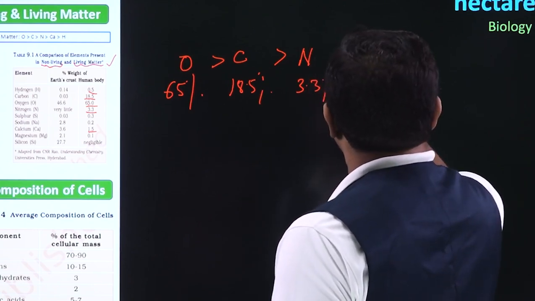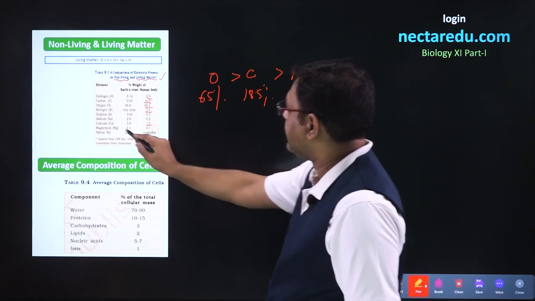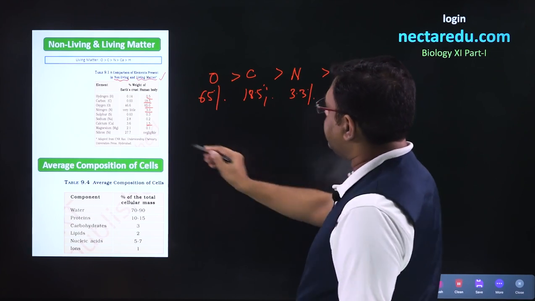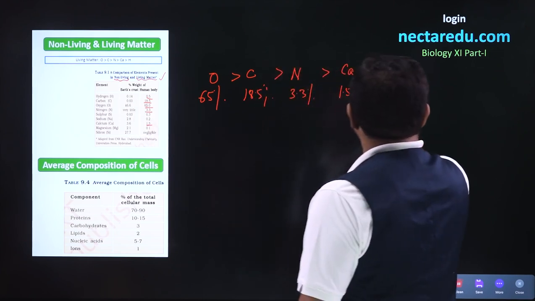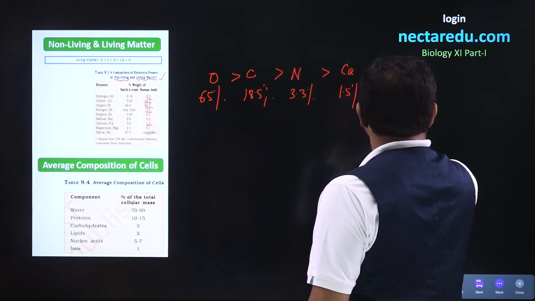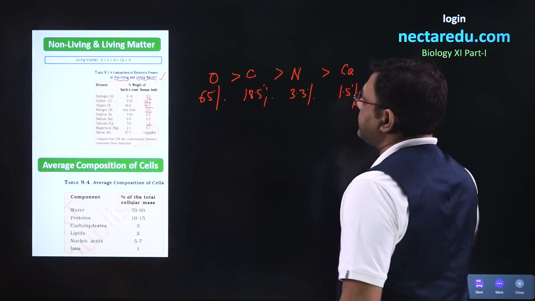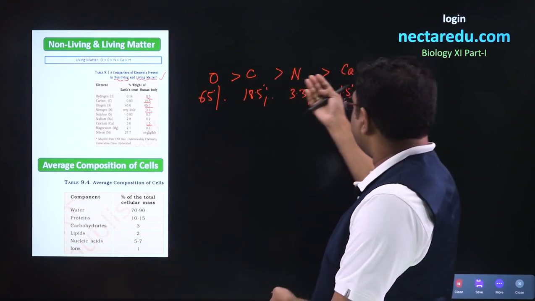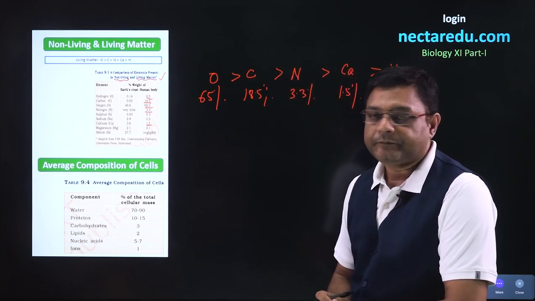After nitrogen comes the calcium, which we had marked over here, which is 1.5%. And then comes the hydrogen, which is just 0.5%. So, this is the descending order of 5 elements in living elements. So, we need to learn this particular order.